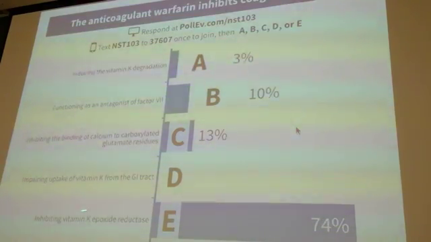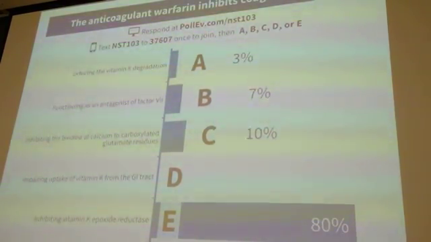The majority has it. So it's through inhibiting vitamin K epoxide reductase.